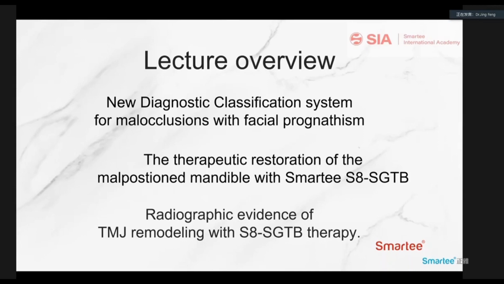The second part, we're talking about the details about the therapeutic restoration of the malpositioned mandible with Smartee S8 SGTB. And at last, we'll show some radiographic evidence of TMJ remodeling with S8 SGTB therapy.